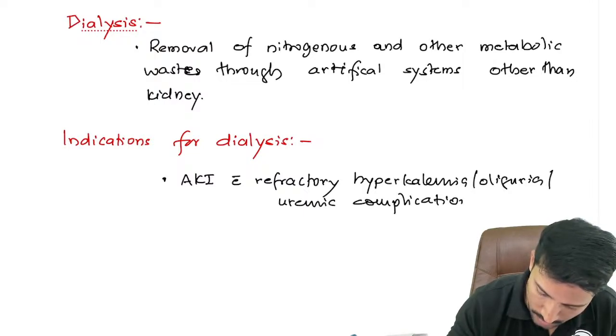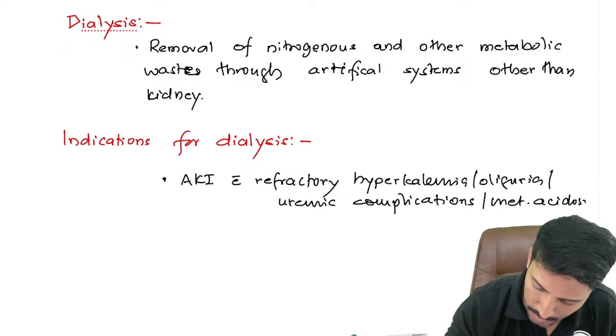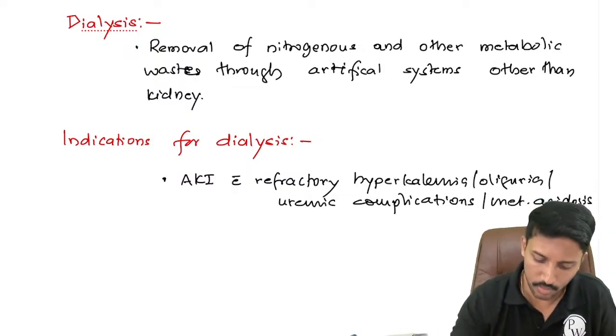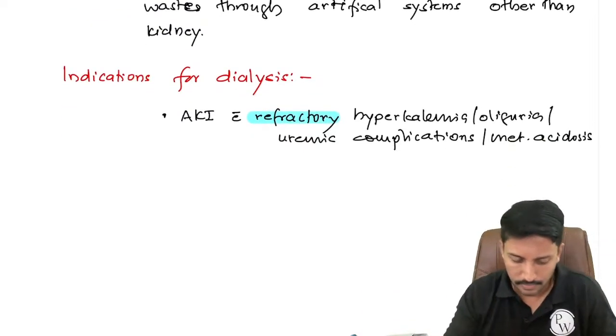So potassium is very high, or the metabolic acidosis is not responding to treatment, or urine output is not coming out despite all our treatment. So the word that we should mention is refractory, right?